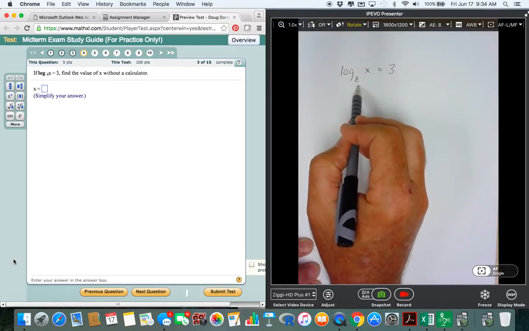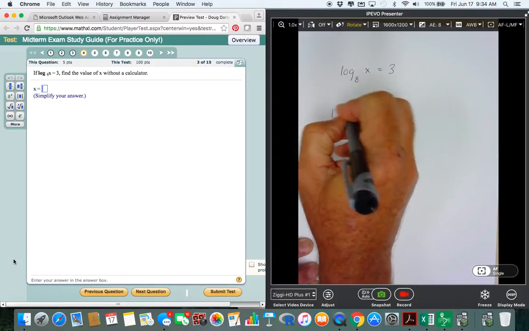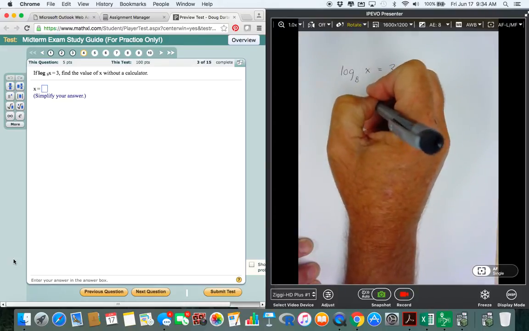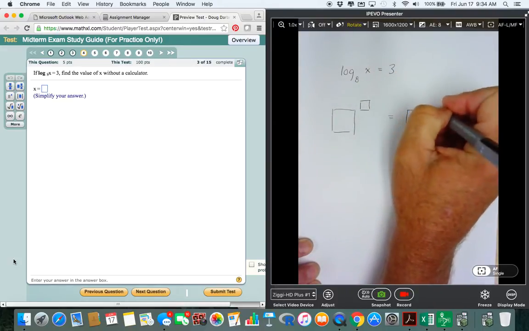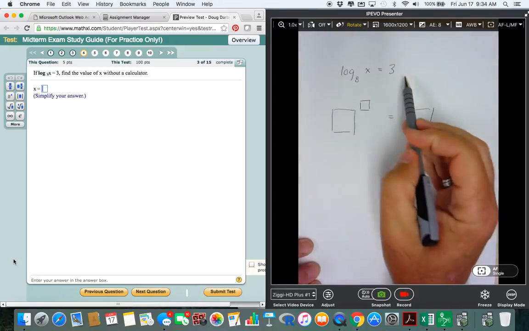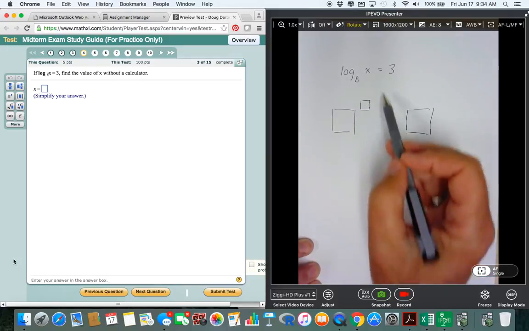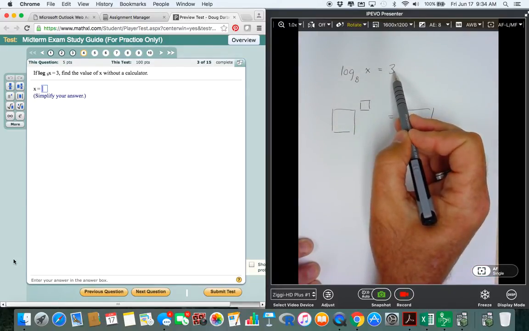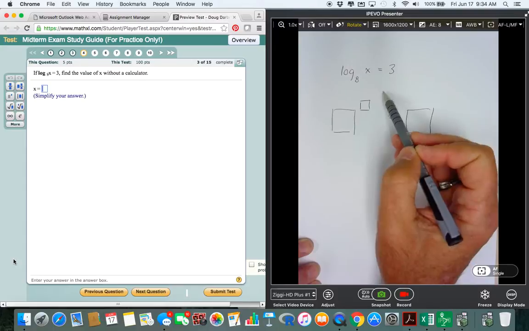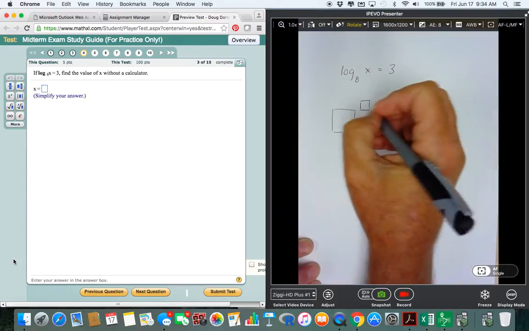Guys, log base 8 of x equals 3 says this. These problems can be in this form, and they are. The log equivalent in exponential form has 3 parts: 1 part, 2 part, 3 part. We just have to know where things go. Guys, remember the answer to a logarithm is always the exponent.